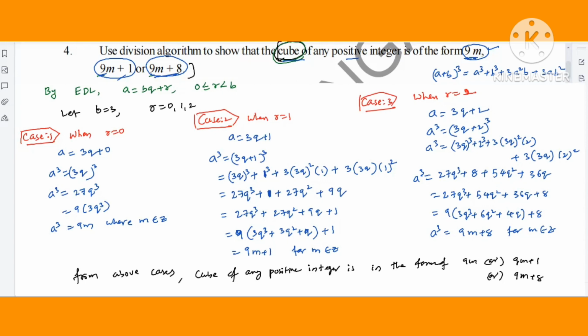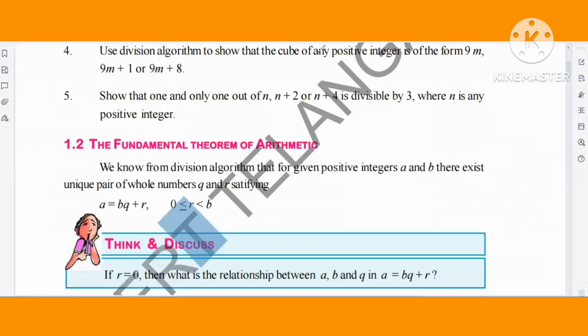Now we go for the last question in the exercise. If you read that question: show that one and only one out of n or n plus 2 or n plus 4 is divisible by 3. Here n is any positive number. For example, let us assume n equal 5.